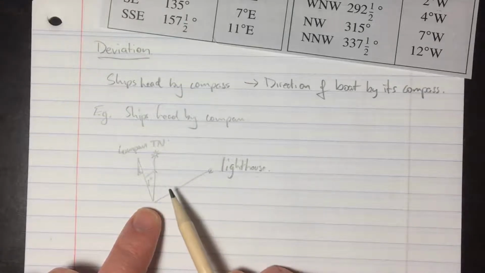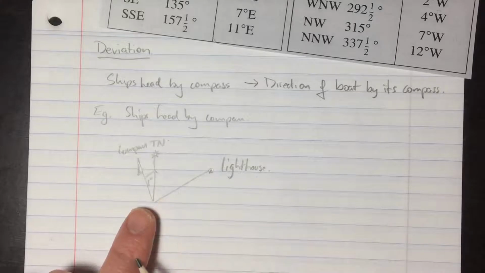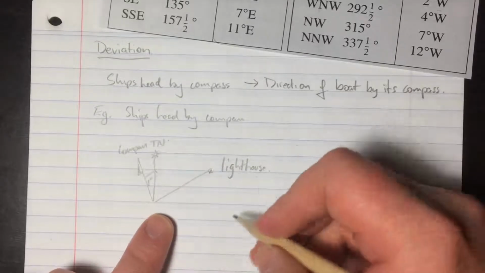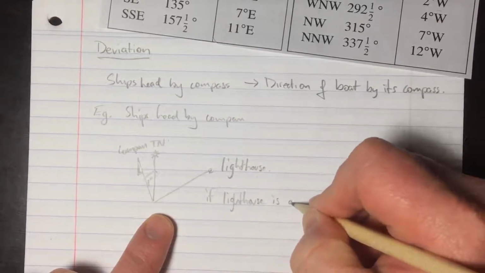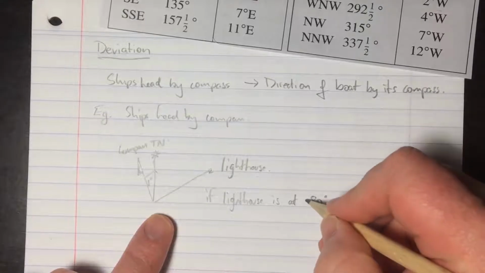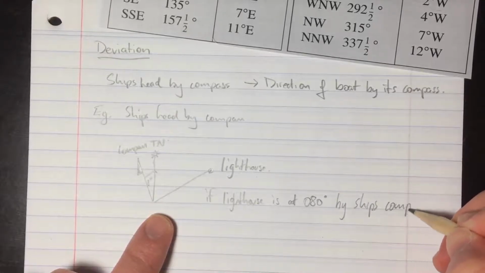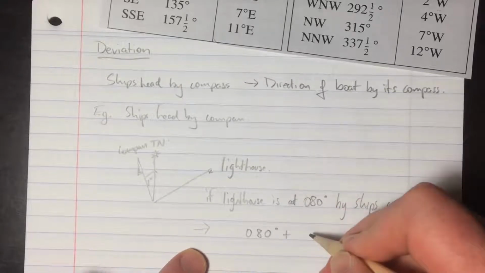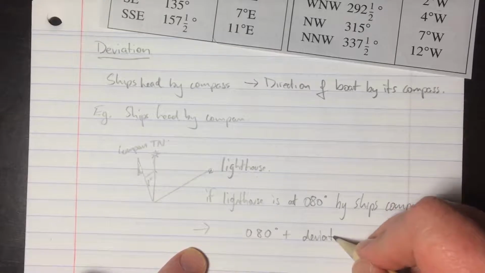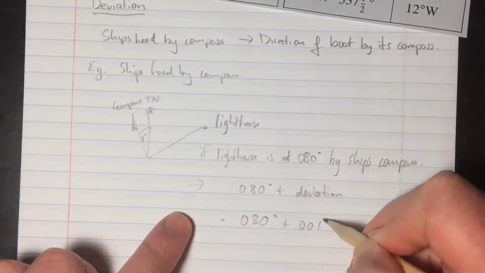So the true bearing will actually be, if the lighthouse is at 80 degrees by the ship's compass, then its true bearing will be increased by the deviation, which in this case is 1 degree.